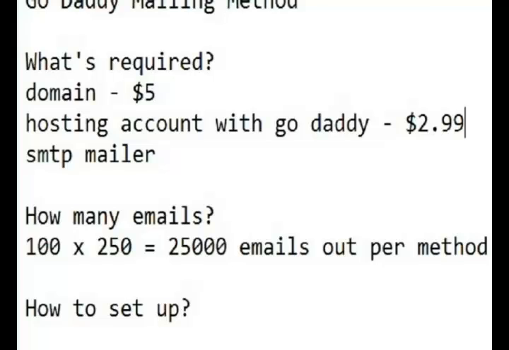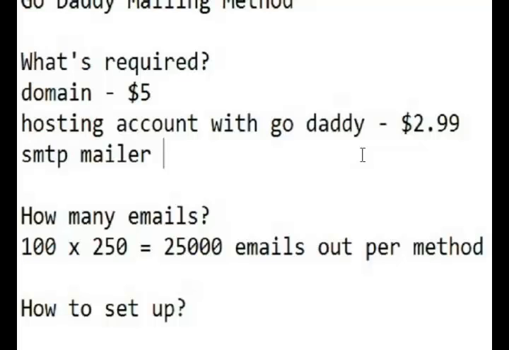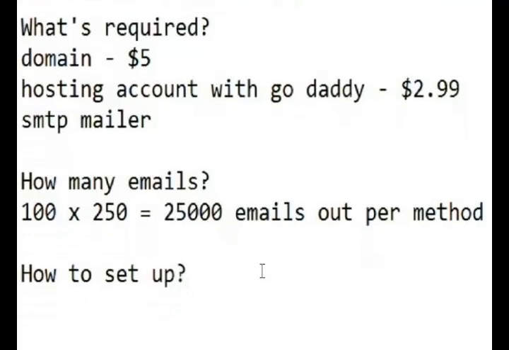So for under $10, you can have one system. This assumes that you have an SMTP mailer, but I'm also going to include that too, and I'll show you how to install it and run it with this in a subsequent video, and that's all going to be included for free as per the course. So now that we know that, we're going to jump ahead to how to set it up.